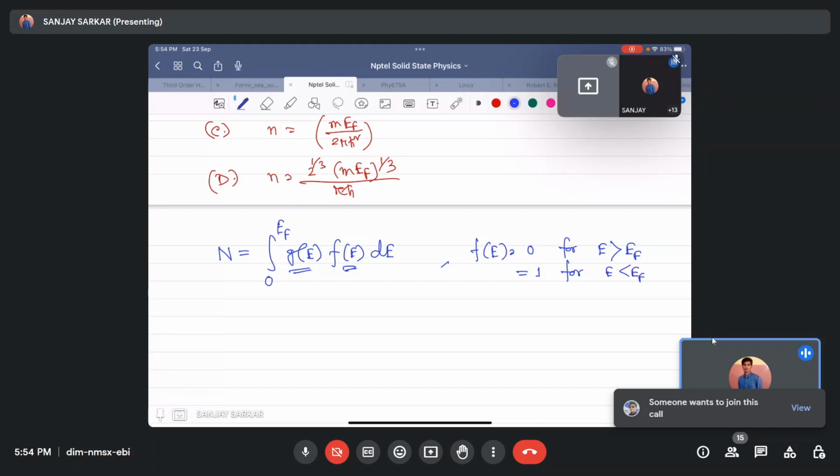So this is actually 0 to infinity, but it will be cut off because of this function, because if you take E greater than EF, then f(E) is just 0.